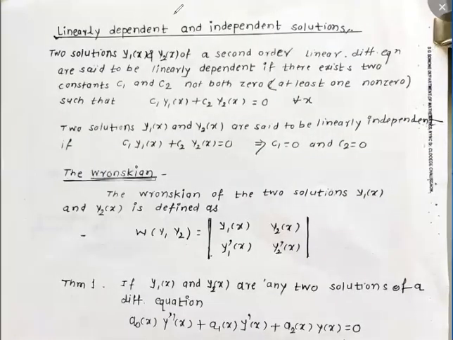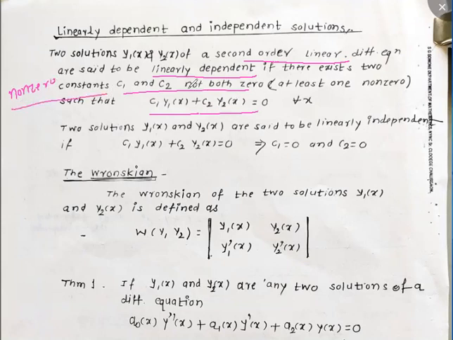Now, linearly dependent solutions. Two solutions of a second order linear differential equation are said to be linearly dependent if there exist two non-zero constants C1 and C2 such that C1y1 plus C2y2 is 0 for these two non-zero constants.